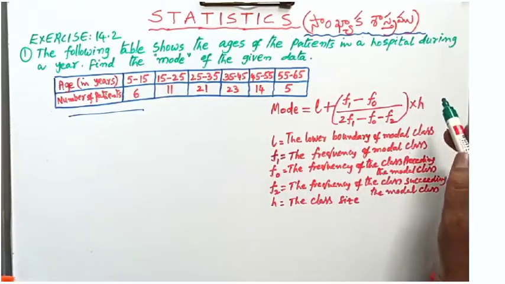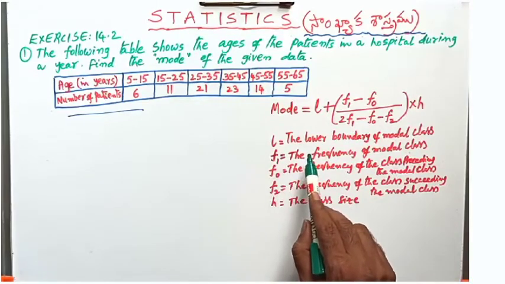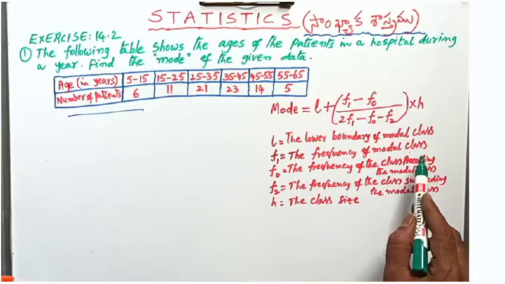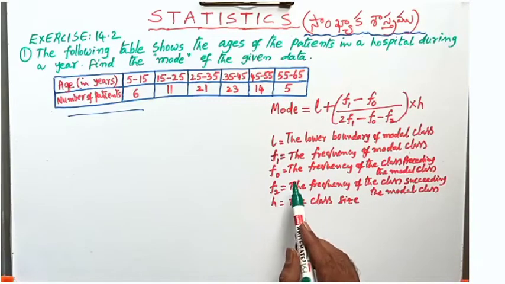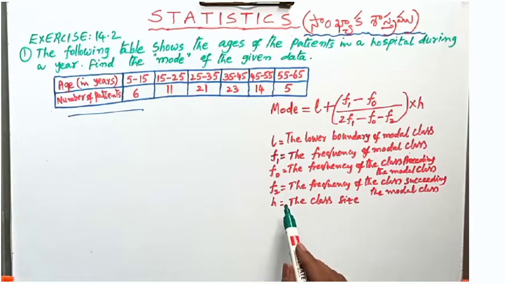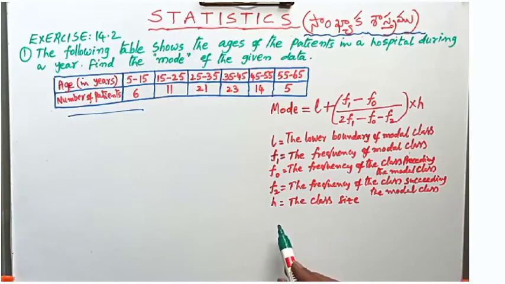So what is L? L is equal to the lower boundary of the modal class, and F1 is equal to the frequency of the modal class. F0 is equal to the frequency of the class preceding the modal class. F2 is equal to the frequency of the class succeeding the modal class. H is equal to the class size.